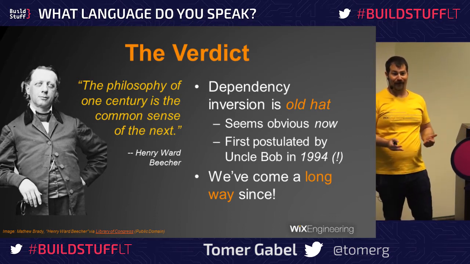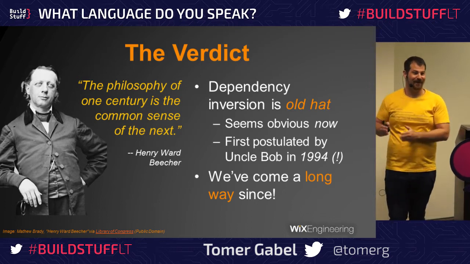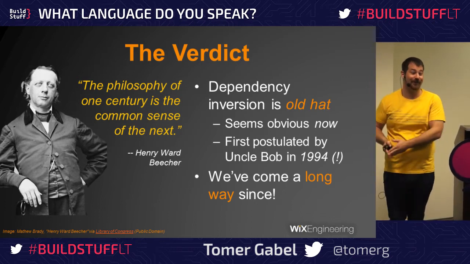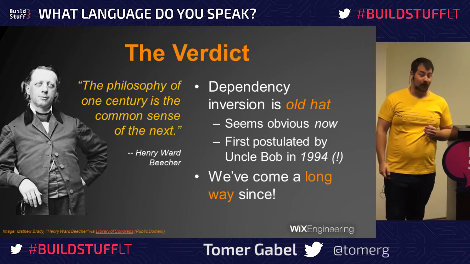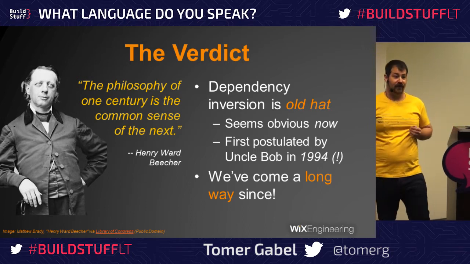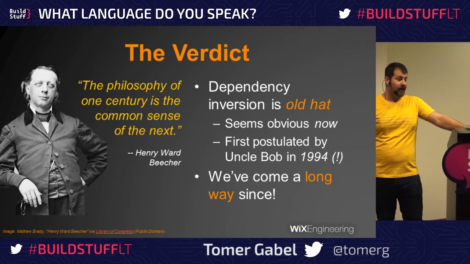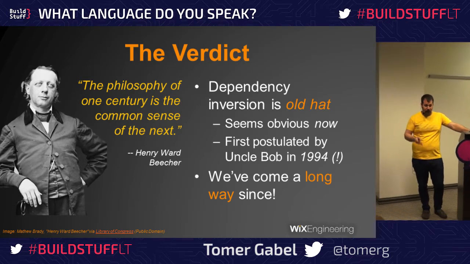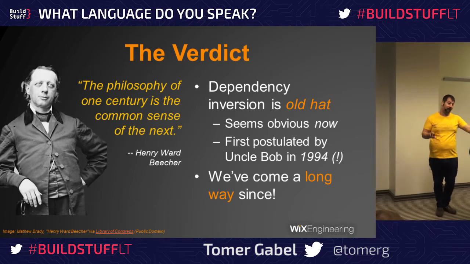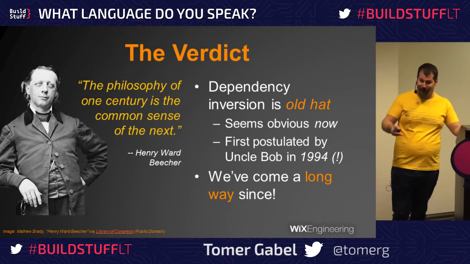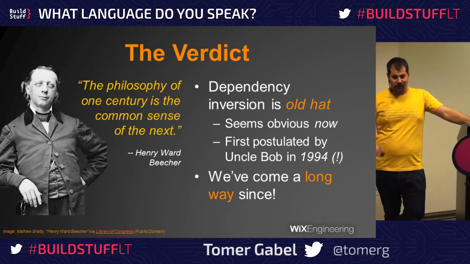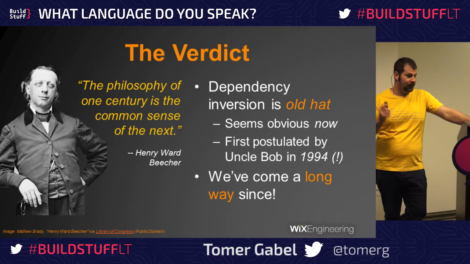And it turns out that we've made some progress in software engineering over the last 23 years. Thank God. So Uncle Bob first came up with this concept back in 1994. Nowadays, it's bread and butter. Everyone knows this. Everyone agrees to it. If you don't, then we might have some interesting debates going on. But this is well understood nowadays.